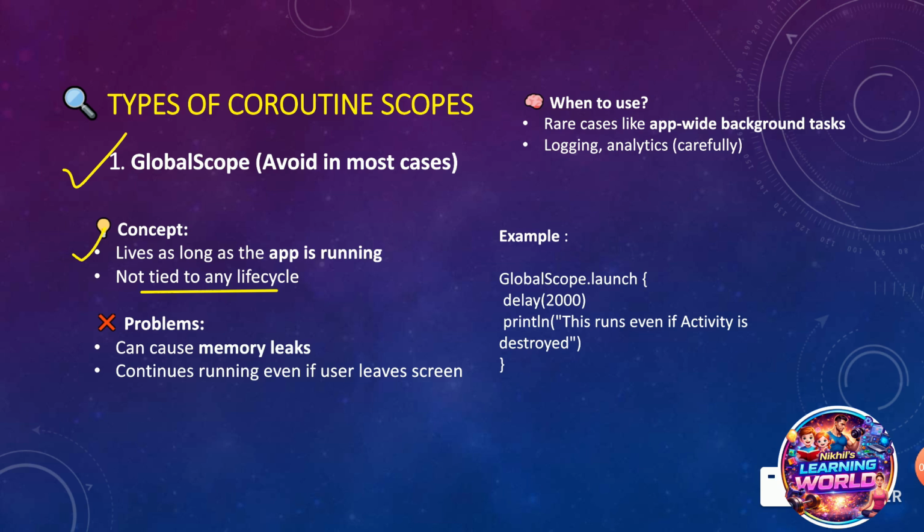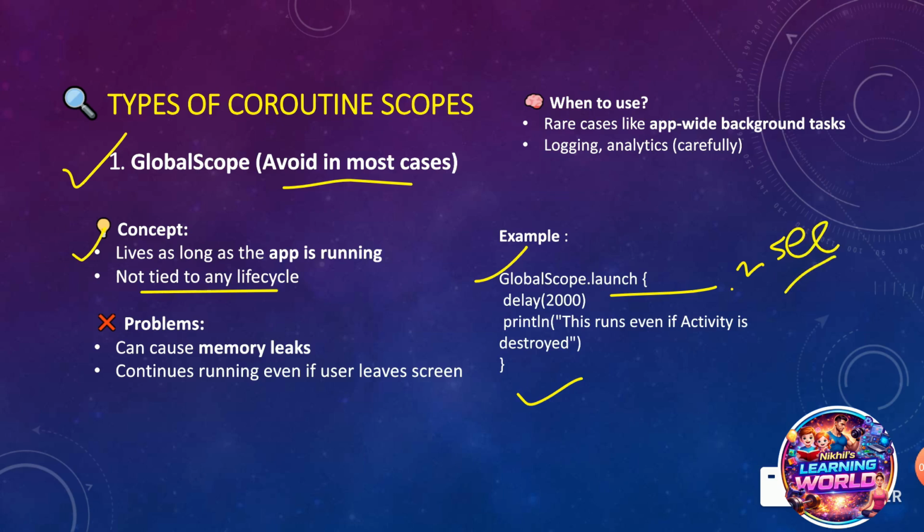For example, you can see GlobalScope.launch { delay(1000) println("running in global scope") }. With the launch keyword we can launch coroutines in the global scope. So what is the problem? It is not lifecycle aware.